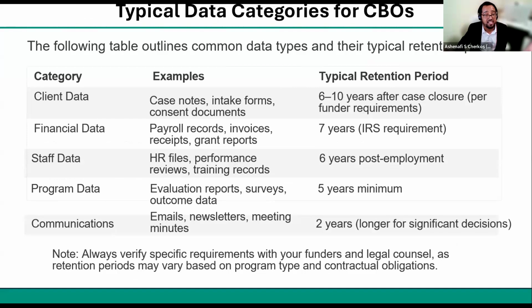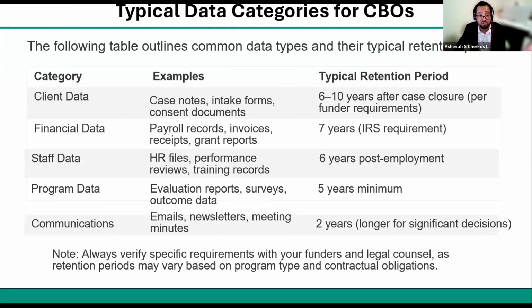For example, here we have a category, client data. Most policies recommend retaining it for 6 to 10 years, and often it has to be deleted after 10 years. We need to specify the exact law that requires how long we need to retain it. Financial data is usually retained for 7 years because that's required by the IRS.